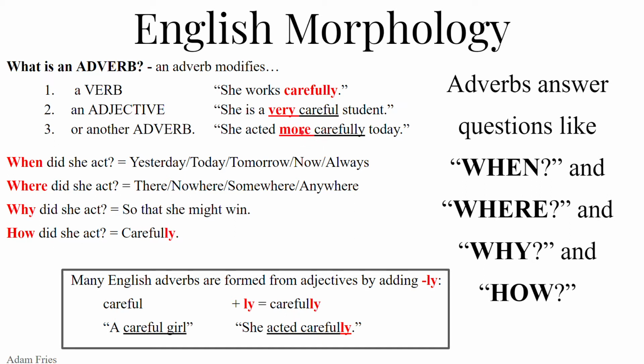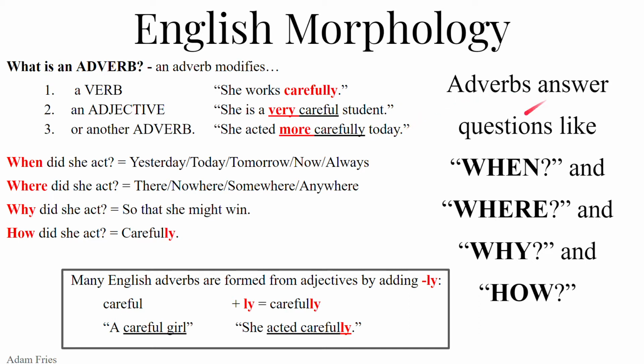She acted more carefully. Whereas in sentence 2, the adverb very modified the adjective careful. More, an adverb, is modifying another adverb, carefully. And then also, as a bonus, today is also an adverb.